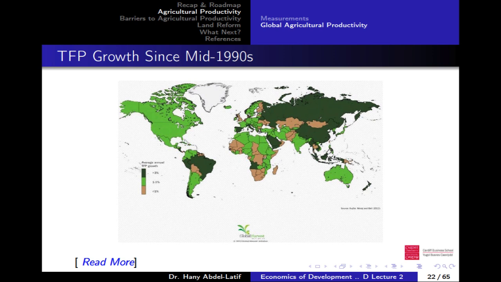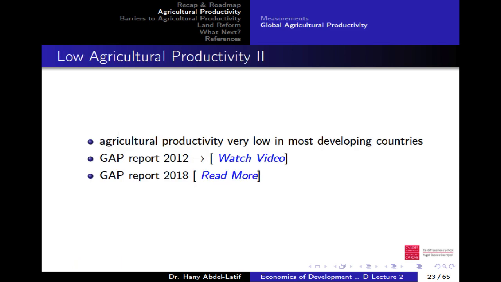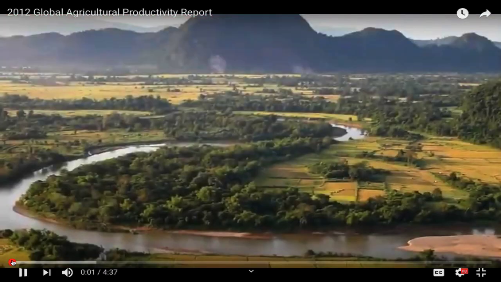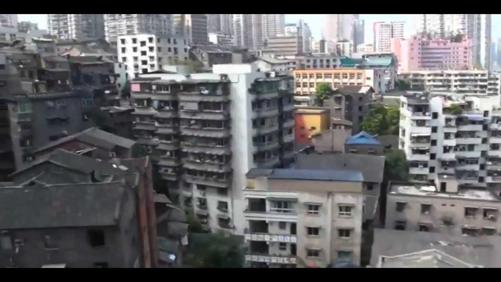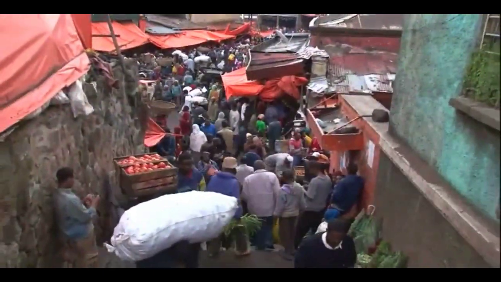So this is total factor productivity growth in the entire world as a map. But what we know from this now is that agricultural productivity is very low in most developing countries. The global population will grow from 7 to 9 billion people in 40 years, representing the most significant challenge of our time.